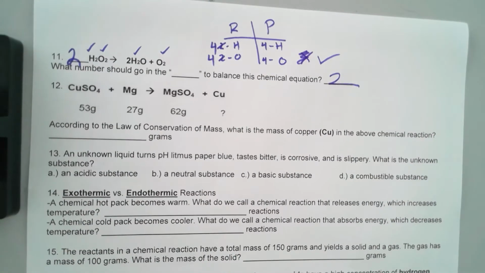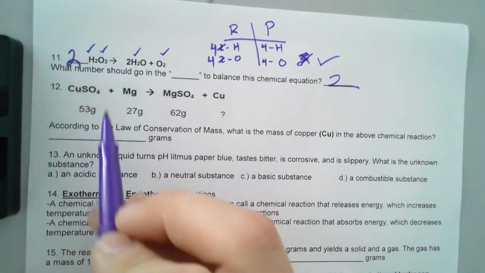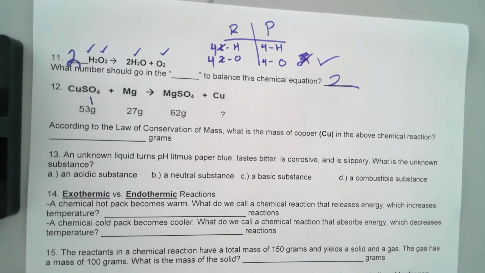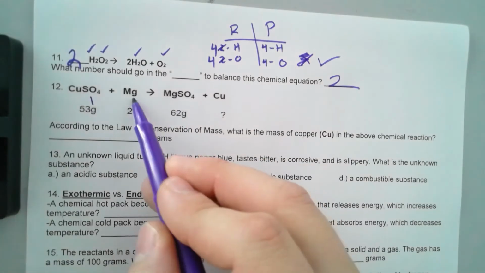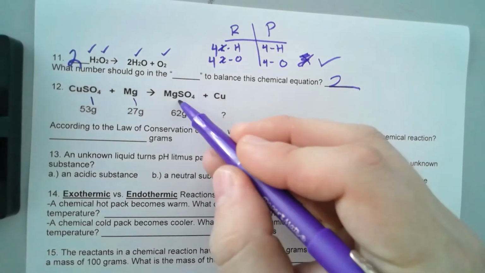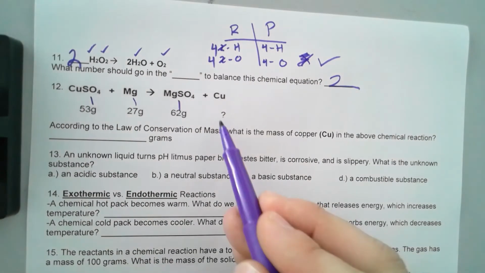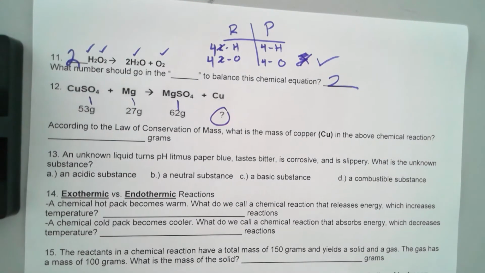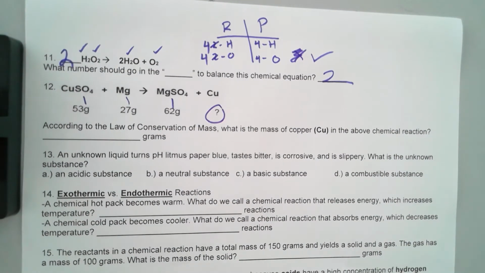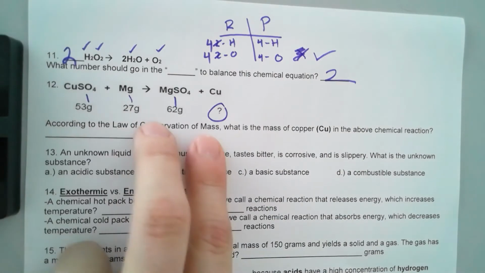12. According to the law of conservation of mass, what is the mass of copper in the above chemical reaction? Alright, so CuSO4 is 53 grams, Mg 27 grams, MgSO4 is 62 grams. What is the mass of this copper? So remember the law of conservation of matter. What I start with is what I end with.